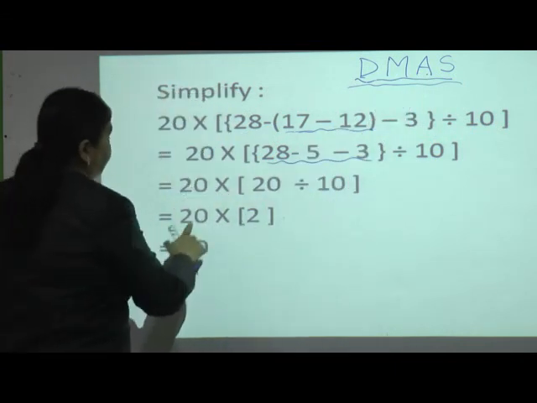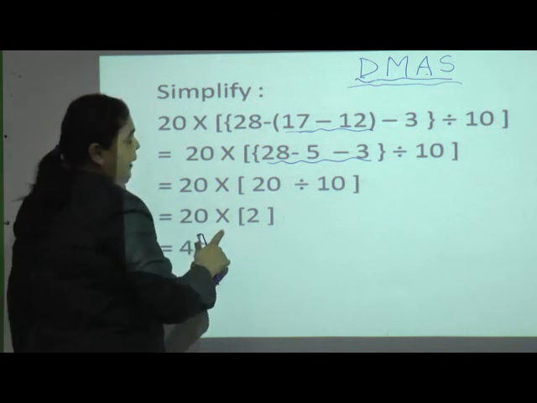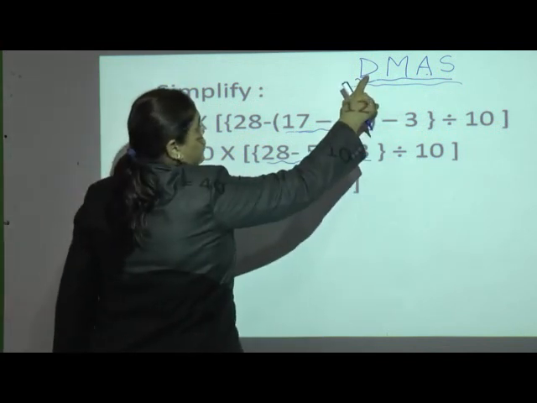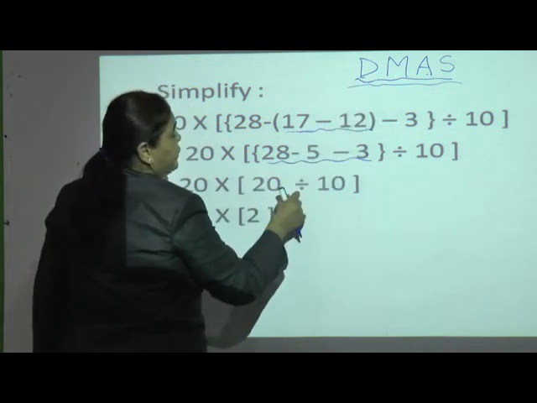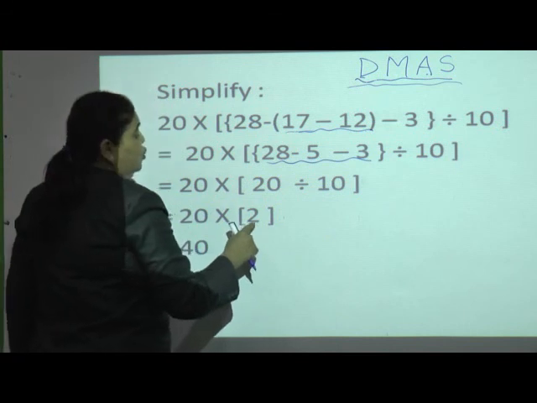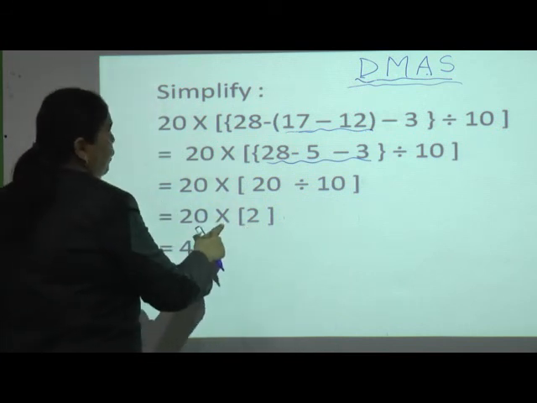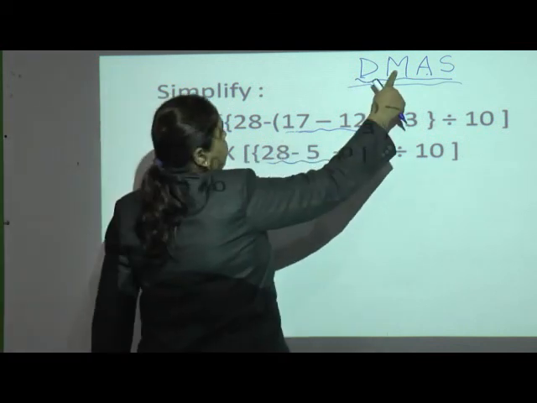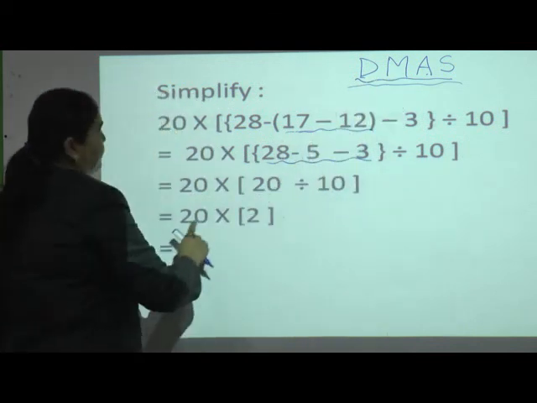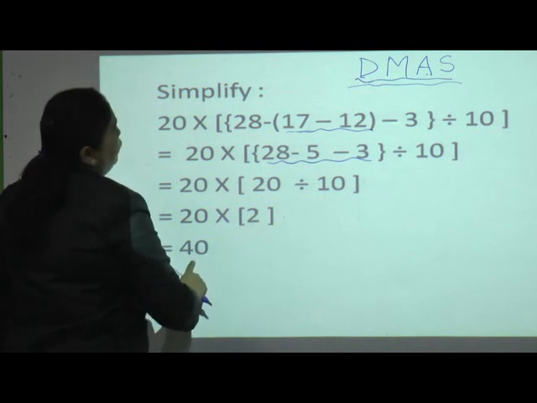We will write 20 as it is, multiplied by, now my DMAS first step is division. So I will do the division, that is 20 divided by 10 is 2. So I will write here 2. Now it's very easy, it's a multiplication. Already we are having multiplication in the DMAS second step. So 20 multiplied by 2 is 40.